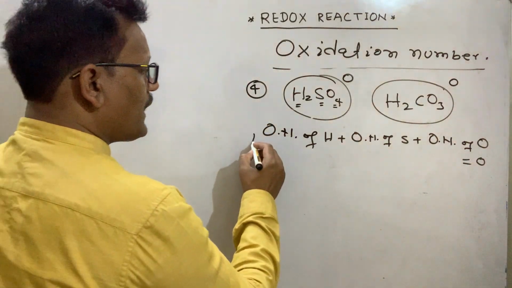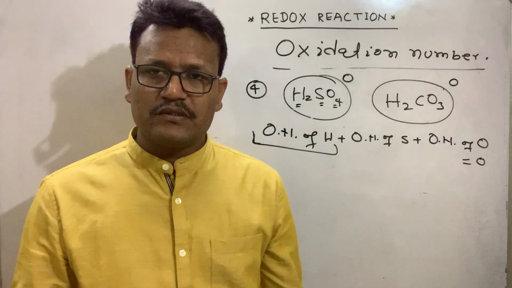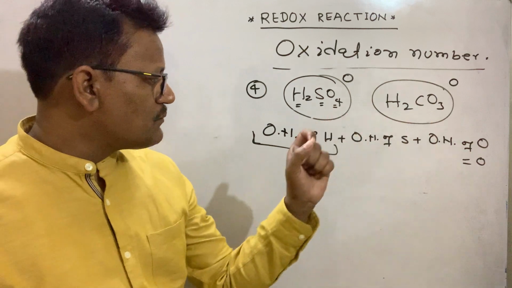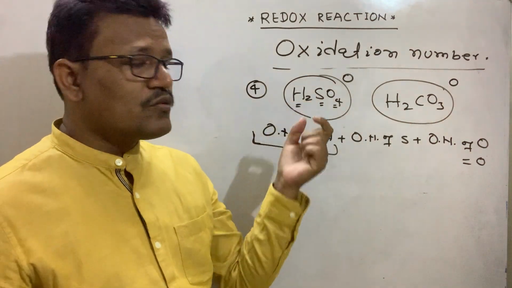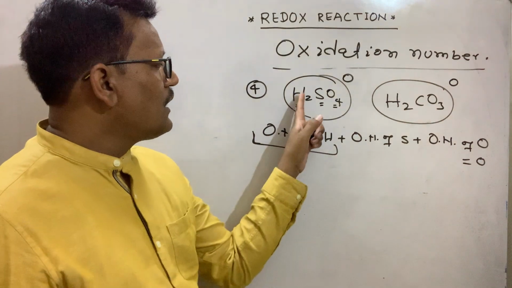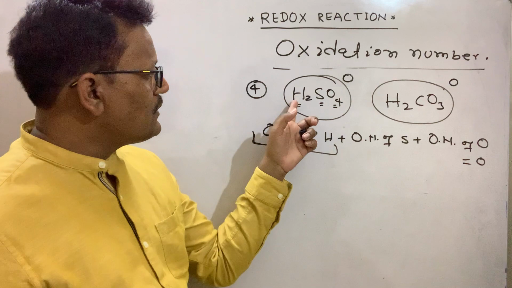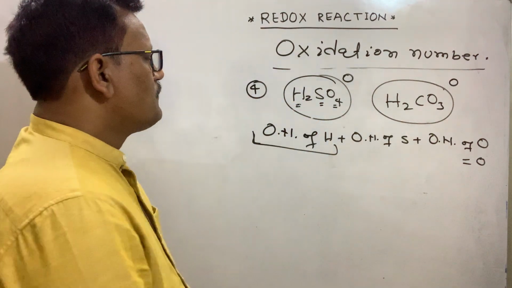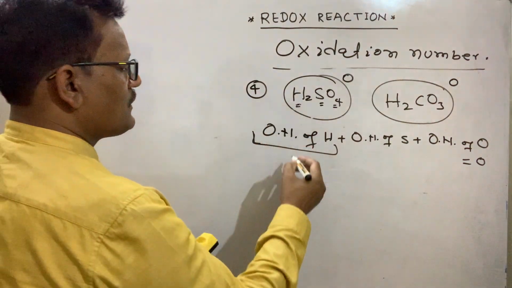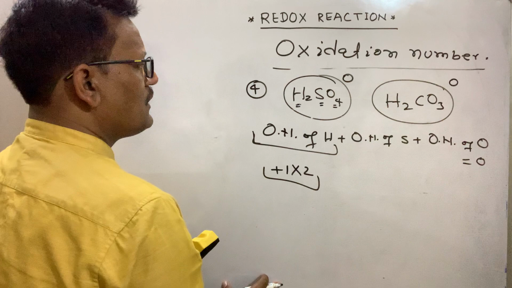And oxidation number of hydrogen means total oxidation number of hydrogen, because we have to consider the number of atoms present in the molecule as well, because here hydrogen is in a number of 2, so we have to take +1 multiplied by 2 for hydrogen.